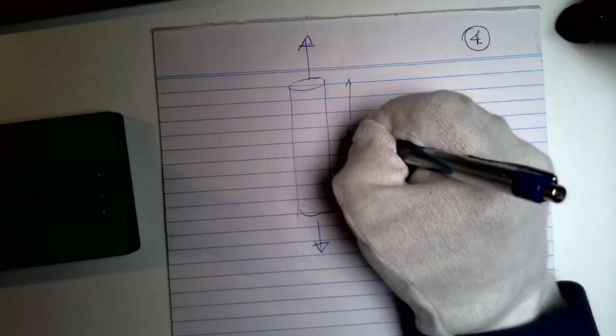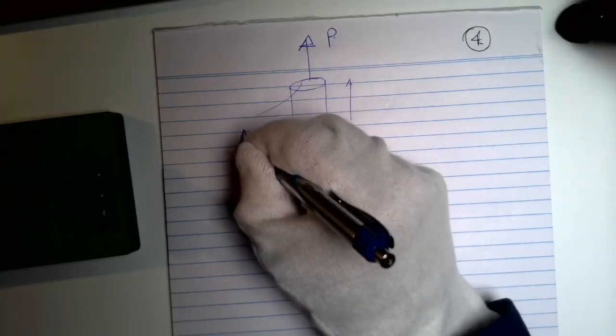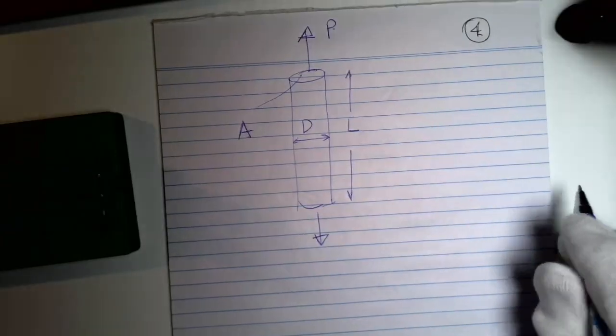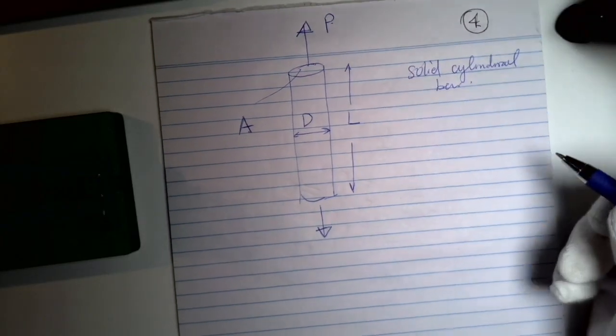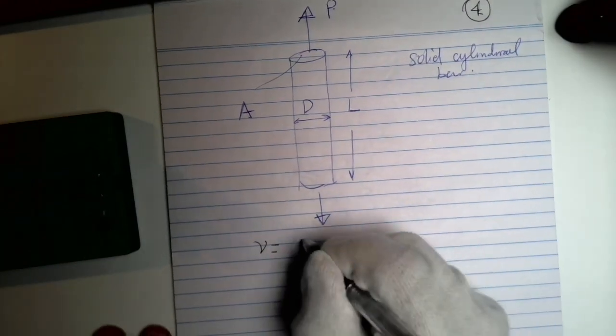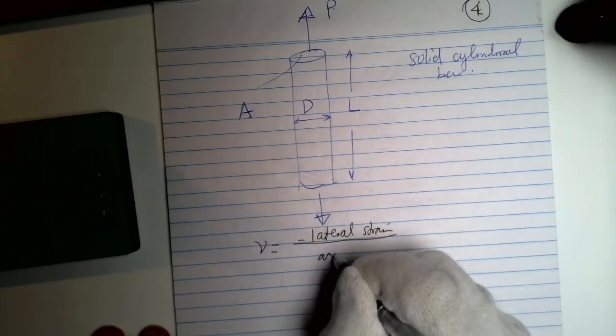If we have a solid cylindrical bar, length L, force P, cross-sectional area A, and diameter D, when you apply the same principle, Poisson ratio is minus lateral strain divided by axial strain.